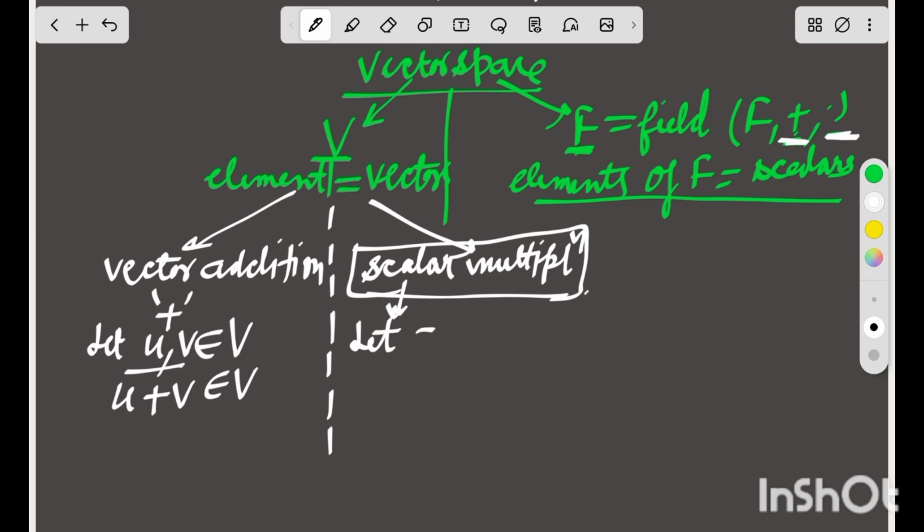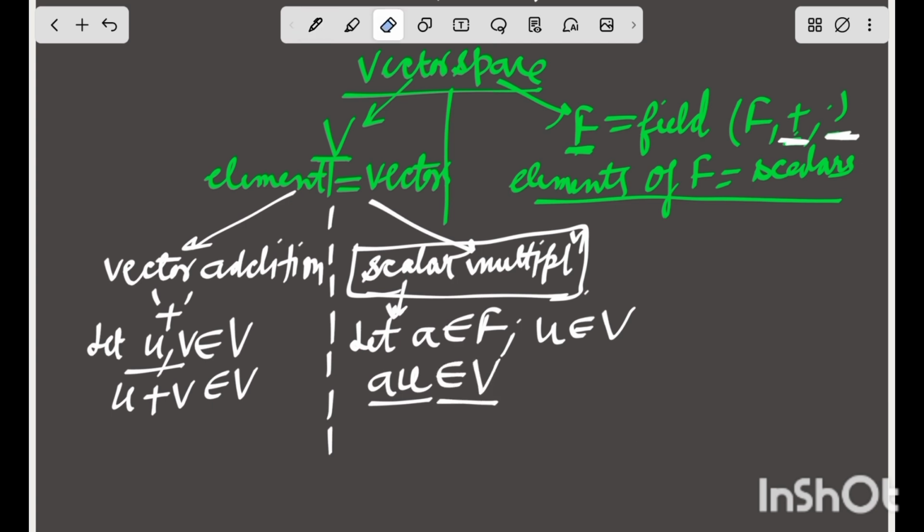Let a be any element from the field F and u be an element from the vector space V. If we operate a and u, the result is in V. Now a question arises: why are the elements of V given the name vectors and the elements of the set F the scalars?